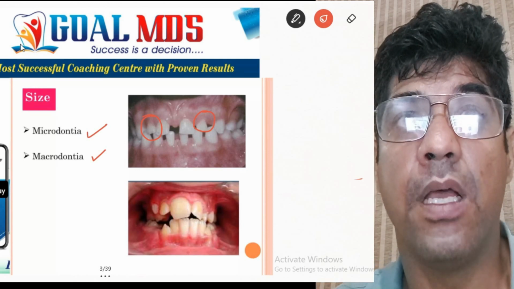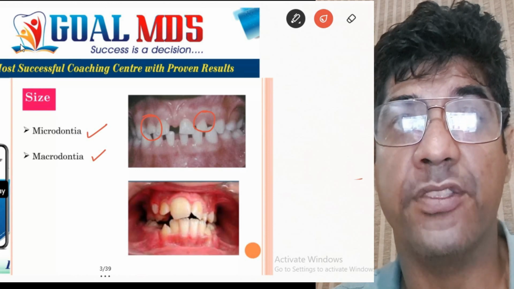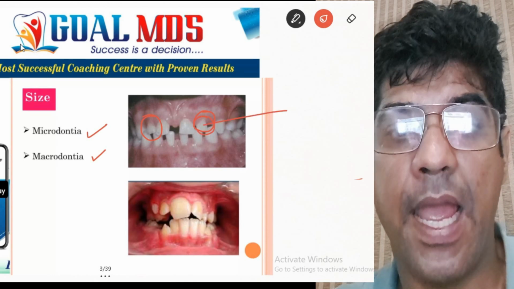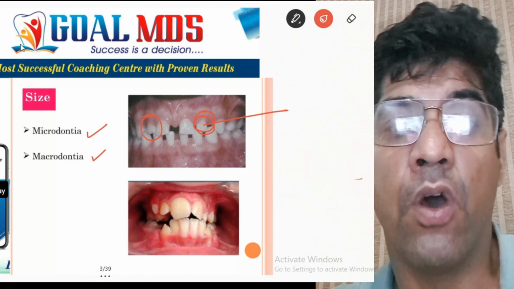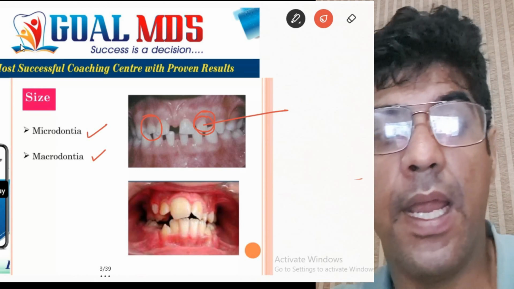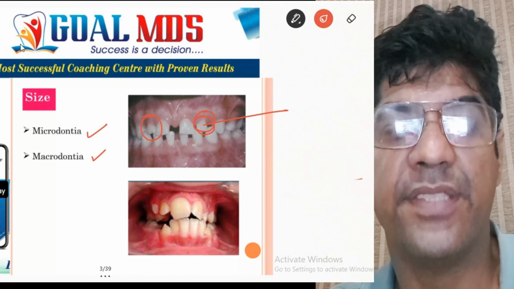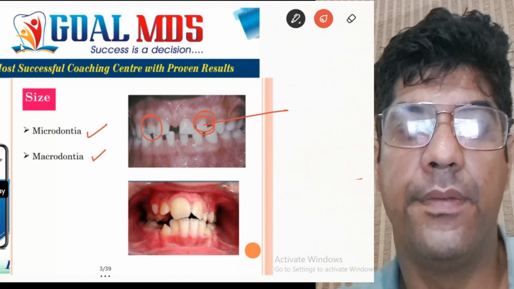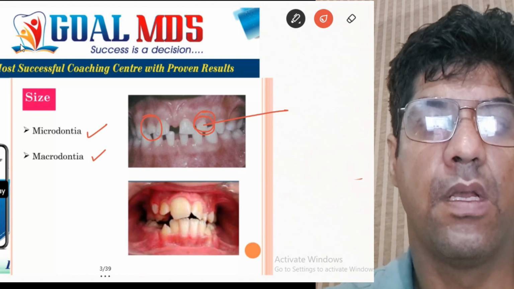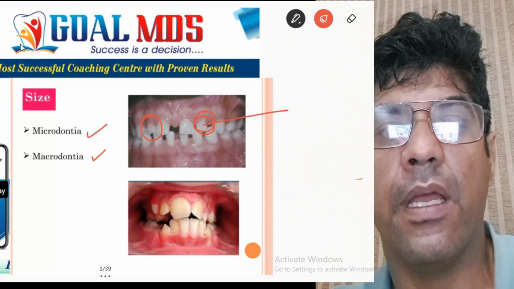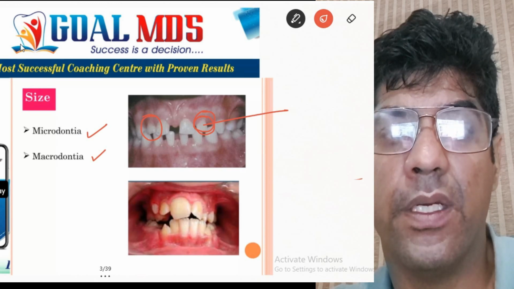So remember, the tooth has a small crown and the root is usually normal in size. Isolated microdontia often affects the third molar.